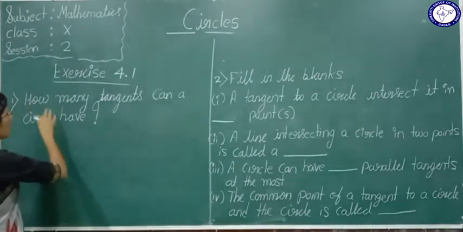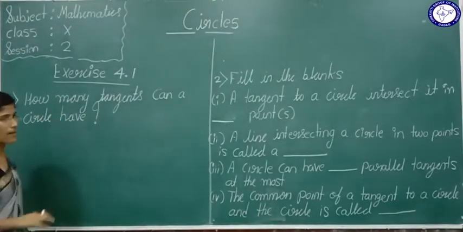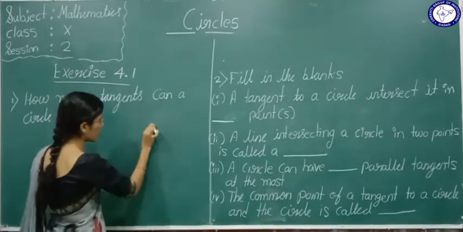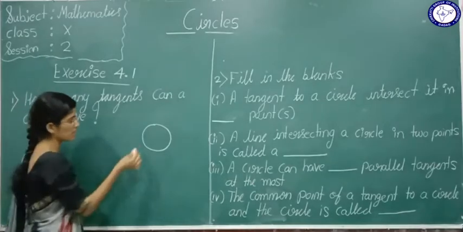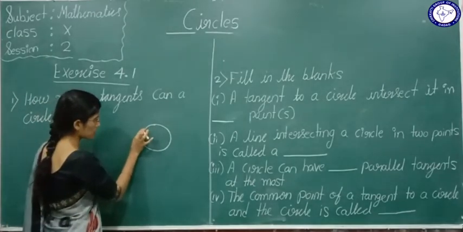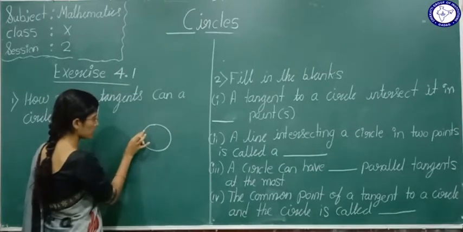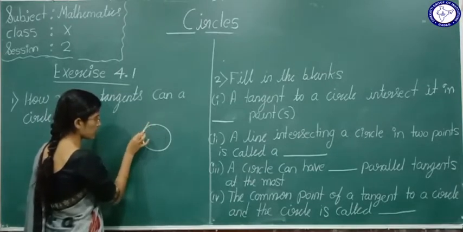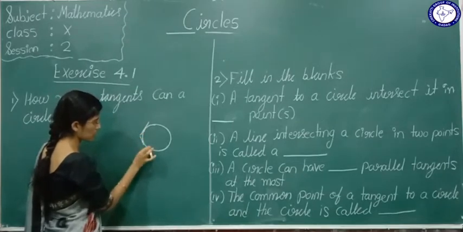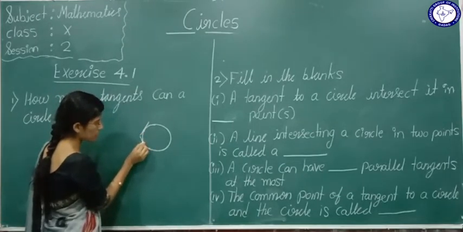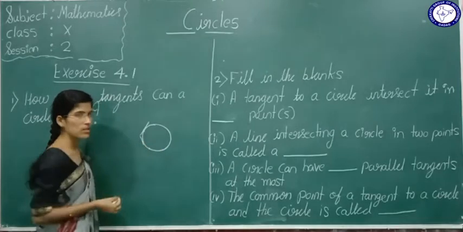See here, how many tangents can a circle have? They ask a question: for one circle, how many tangents can we draw? What is the answer, students? Suppose this is a circle. For this point, one tangent we can draw. A circle is a collection of points.